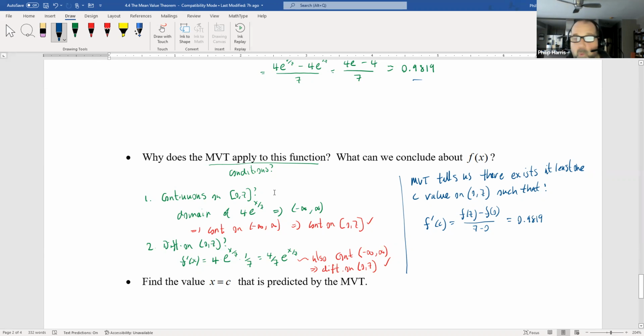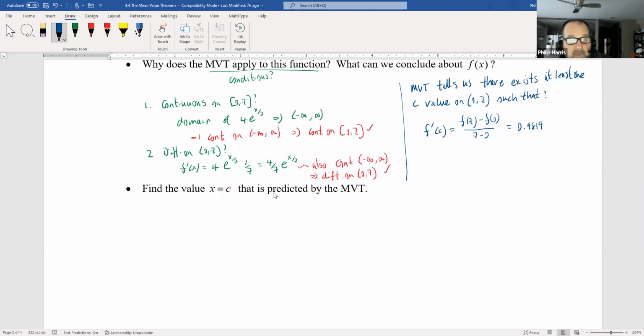So what is this c number? Well, we find it just by solving that equation. We need to solve f prime of c equals 0.9819. We just found f prime up here. This is 4/7 e to the c over 7.